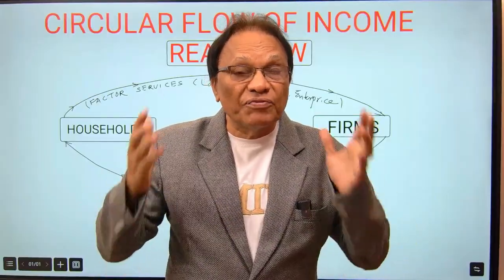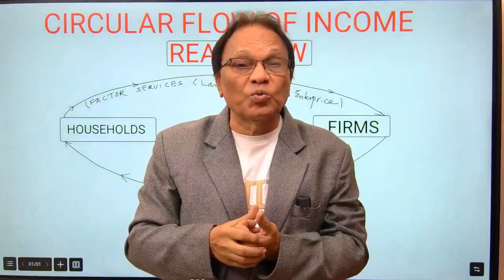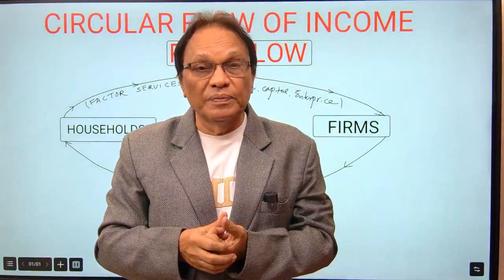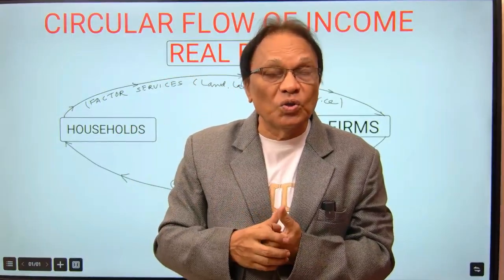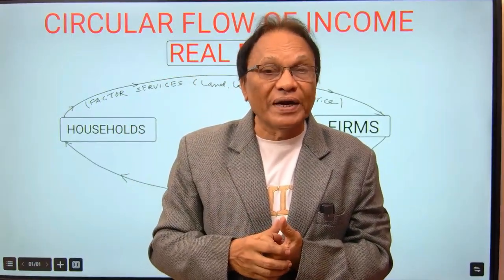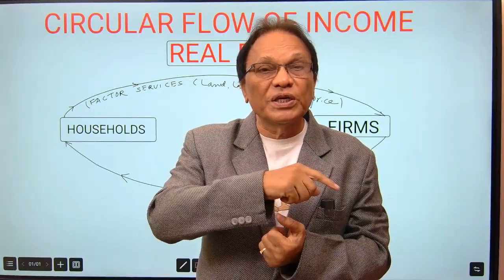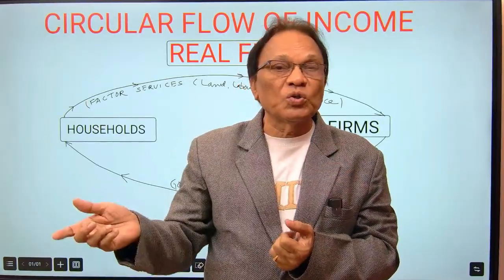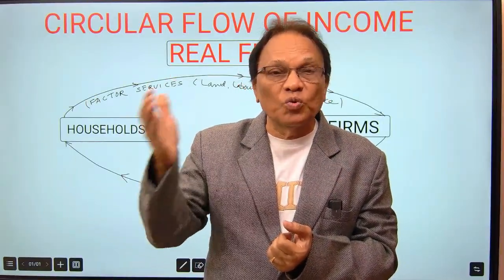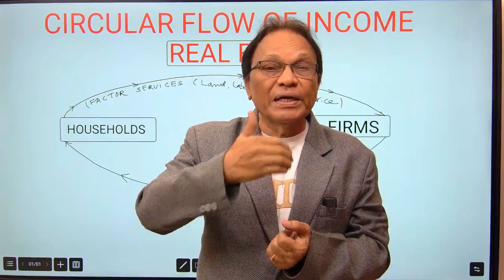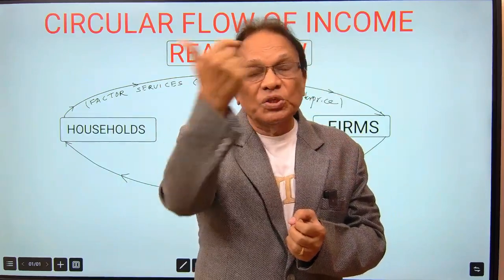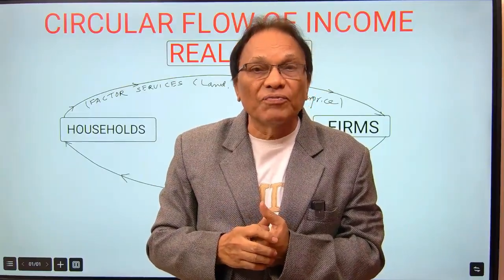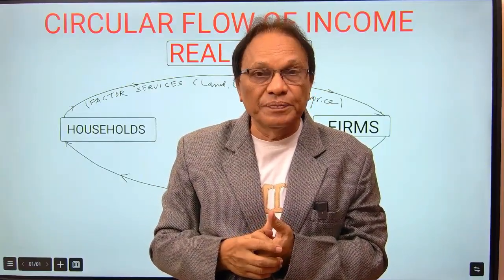In return, the firms give them goods and services, whatever the firms are producing, for their factor services. That means real flow now takes place from firms to households. That is real flow in economics.